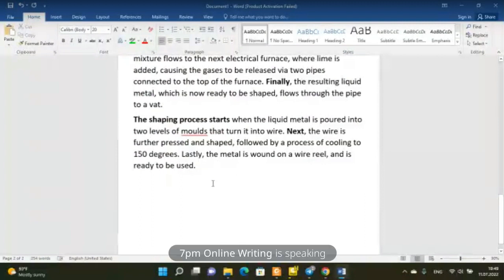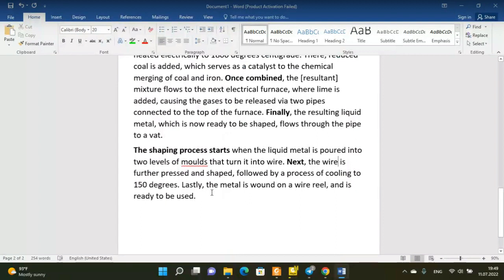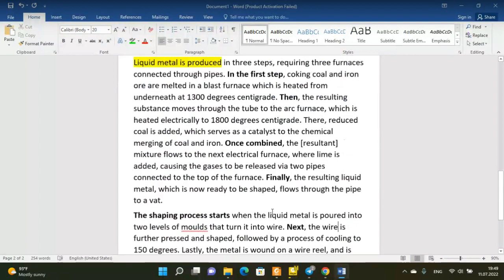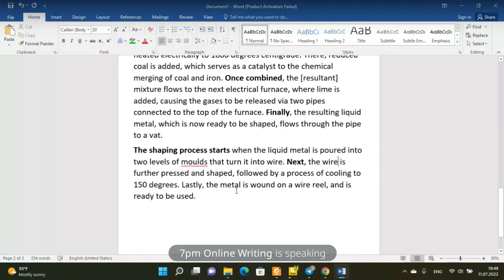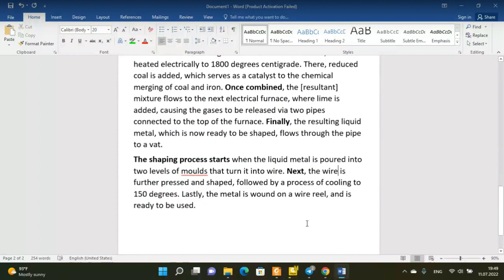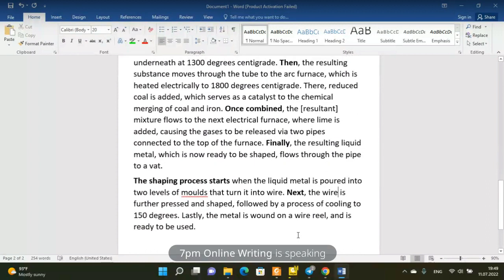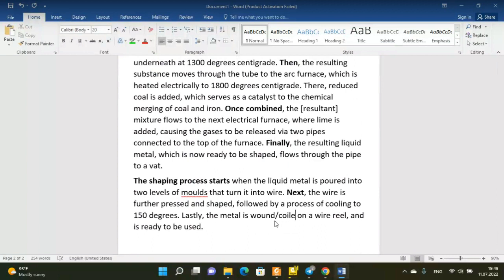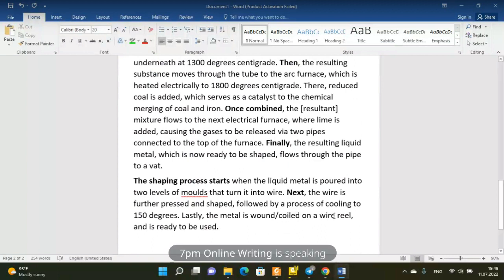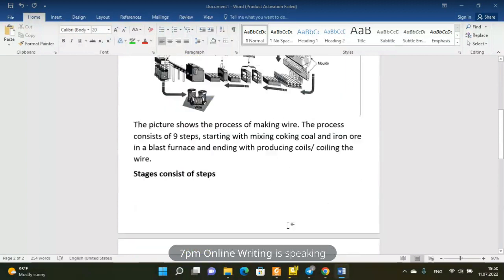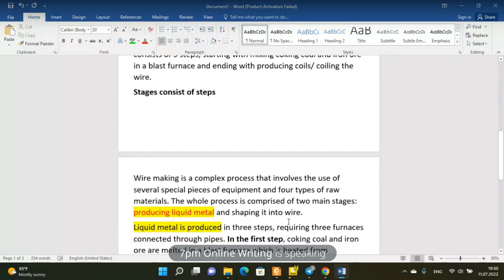And lastly, the metal is wound on a wire reel and is ready to be used. So can you explain what a wire reel is? Yeah. So also the word wound. So I think here we could say coil, right? Which is borrowing the word, which makes it maybe easier for an examiner to understand.